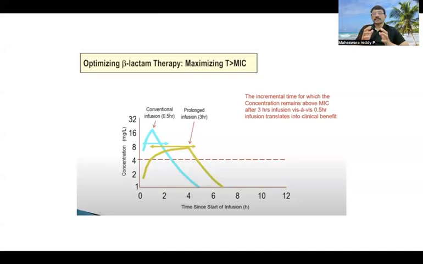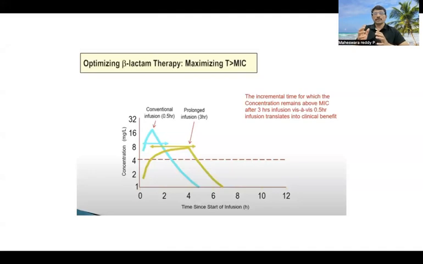So these concentration dependent antibiotics should have a higher dose: the higher the dose, the higher the killing of bacteria. In the case of time dependent, the concentration need not be very high above the MIC. It should be just above the MIC, but here the duration is important.